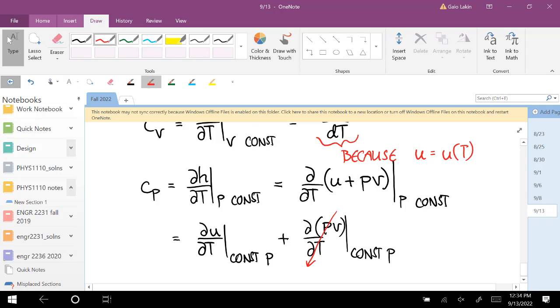This term goes away, and you just get the same thing again, the derivative of the specific internal energy with respect to temperature.